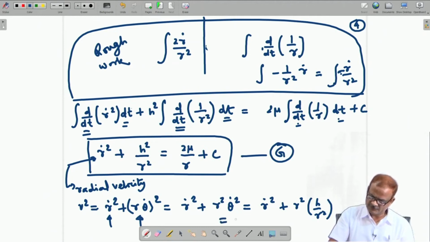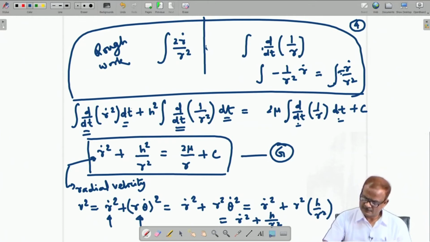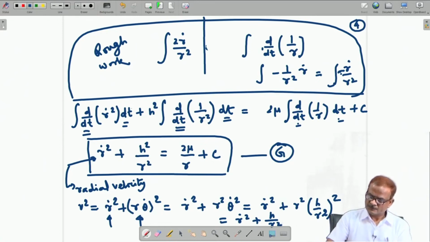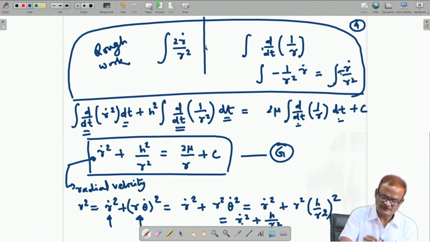So, this gets reduced to r dot square plus (h by r) whole square. Okay. So, with this we can recognize that the left hand side is nothing but v square.